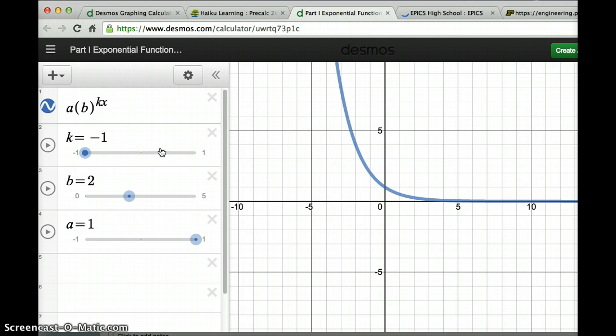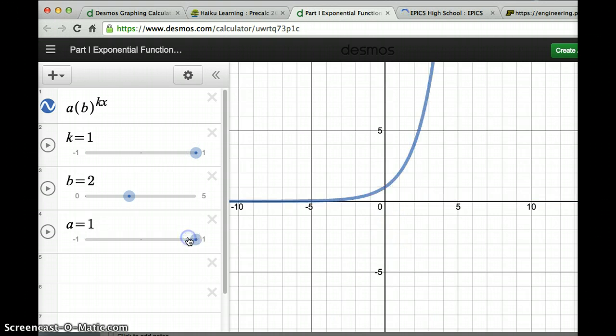Now if I have two negatives, for example a negative in front of my function and in the exponent, having two reflections changes it back into a growth.